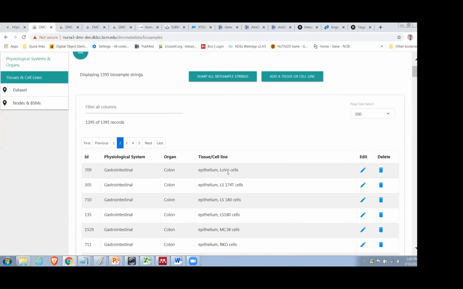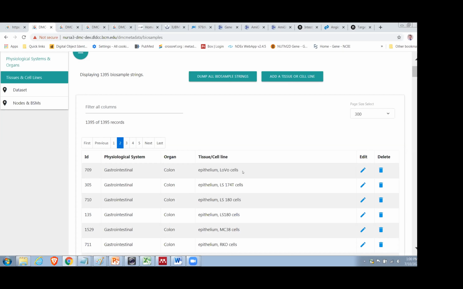And so what we need to do at some point in the future is to map all these different cell lines to that ontology.